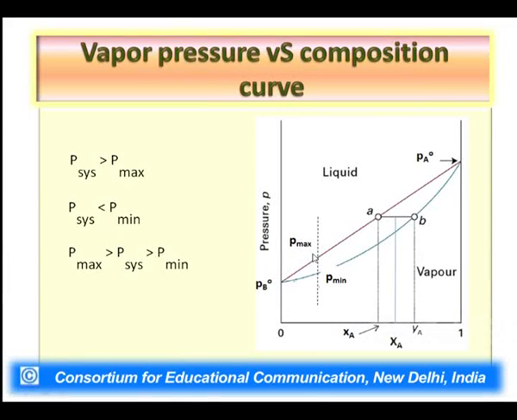So you have a range between P min and P max value, that is minimum and maximum pressure, within which you will have an equilibrium between liquid and vapor phase, and below minimum pressure on any overall state point on the vaporous curve, you will have only vapor phase stable in the system, and above P max value you will have only liquid phase being stable. So these implications we can draw from the phase diagram which is obtained for the liquid system.